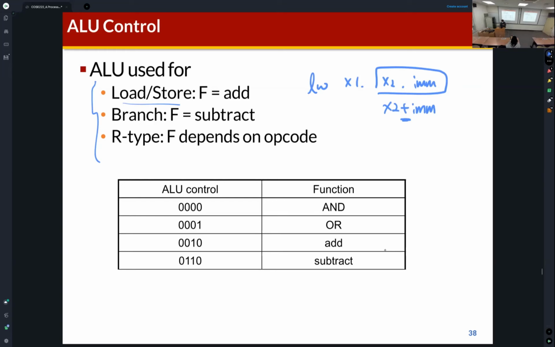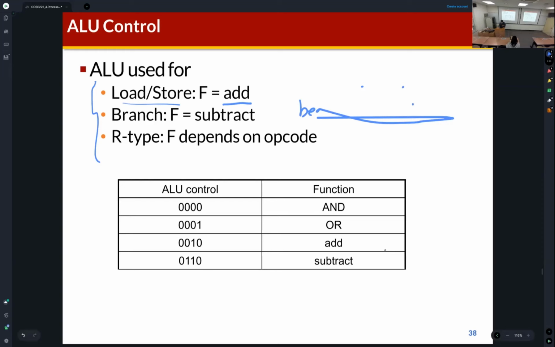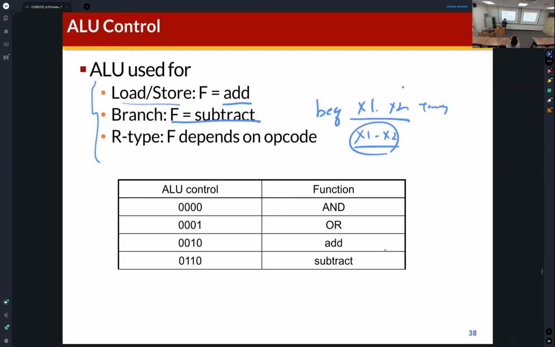The required operation is the add. And for the branch instruction, I explained that this single cycle processor supports only BEQ, like BEQ X1, X2, and target. So we need to perform X1 minus X2, which means ALU needs to support subtraction for the branch instruction.